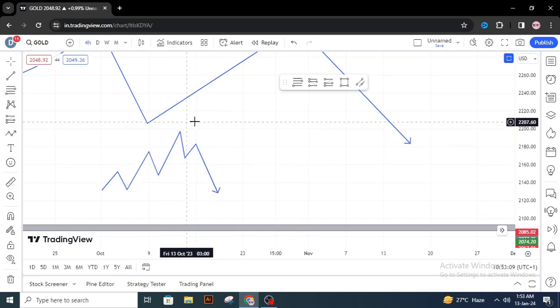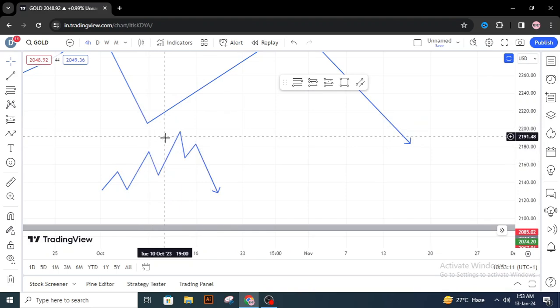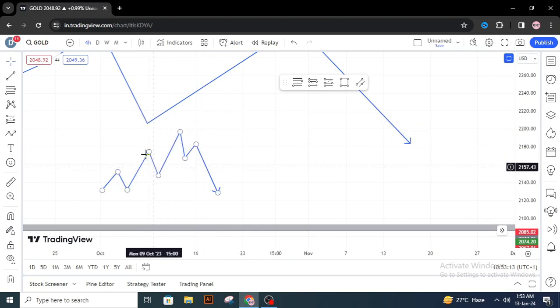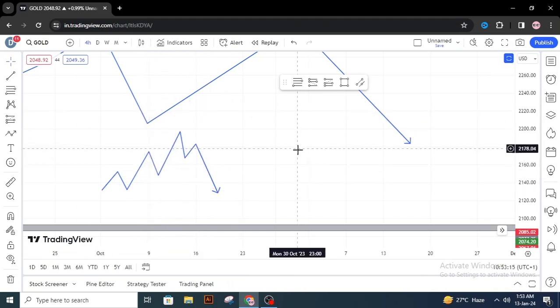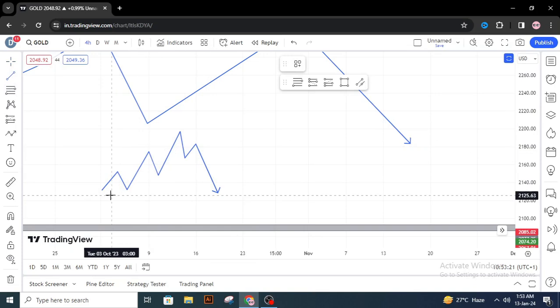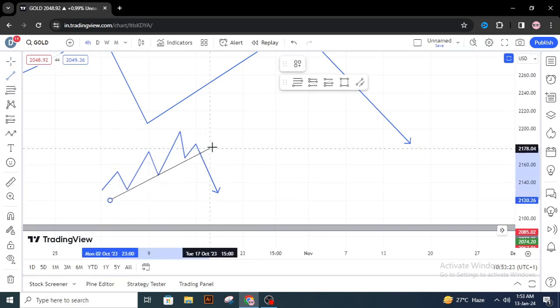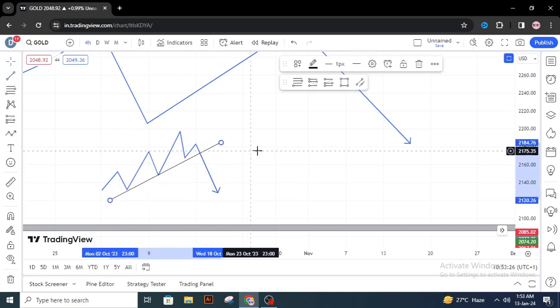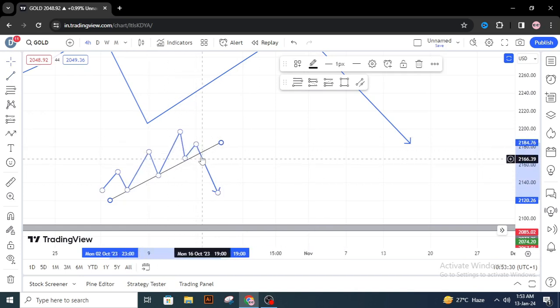When you see this kind of situation at a support or resistance level, then expect the price to move downward. But don't just expect it to move downward. You need to give yourself time and see what the price is going to do. So put your trend line, and after the head and shoulder forms, wait for the price to break your trend line.